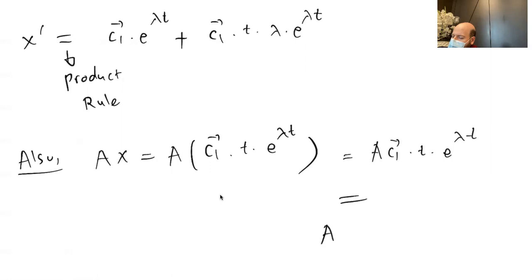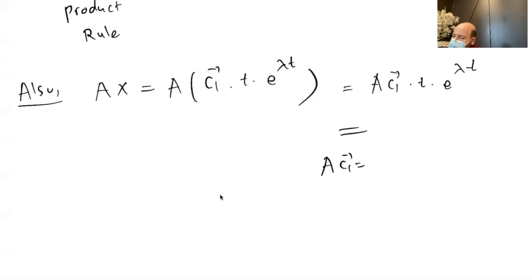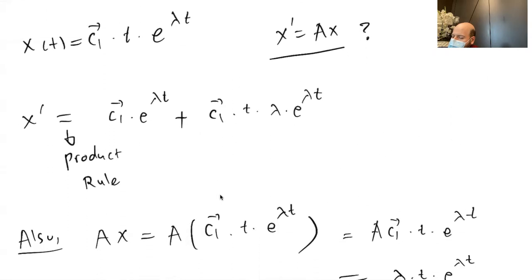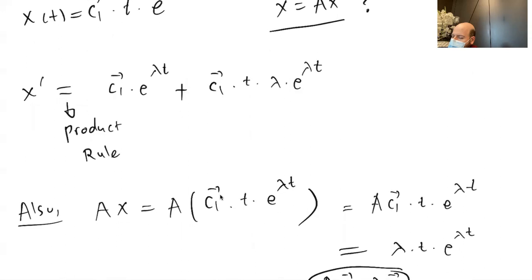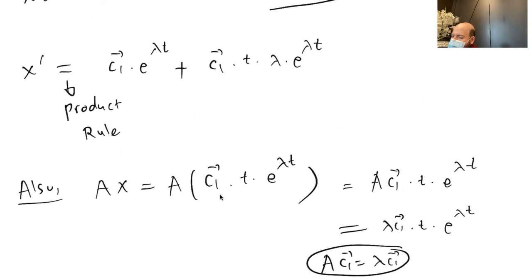We know A C1 is lambda C1 because C1, remember, is the eigenvector corresponding to the eigenvalue lambda. So A C1 is the same as lambda C1. So I can simplify this as lambda C1 t e to the power lambda t.